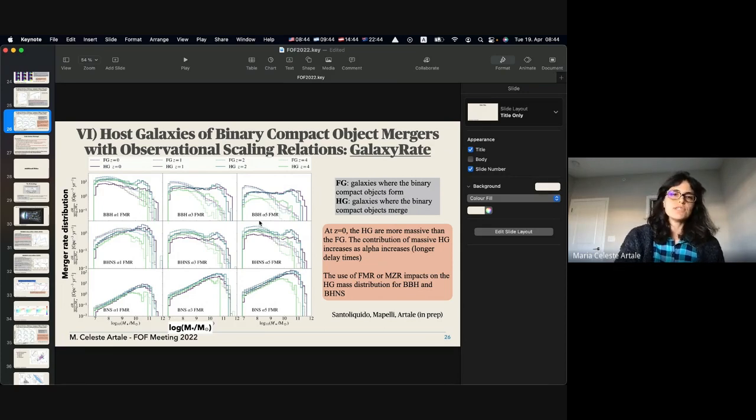In fact, there are different stages, because what we need to do basically in the binary compact object system is to shrink the orbit until they finally merge within a Hubble time.